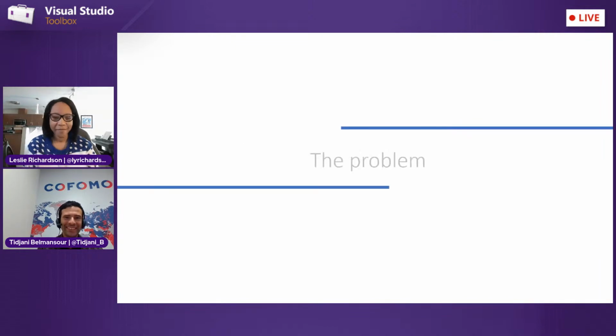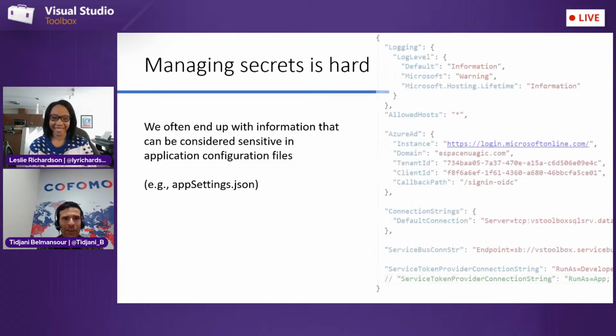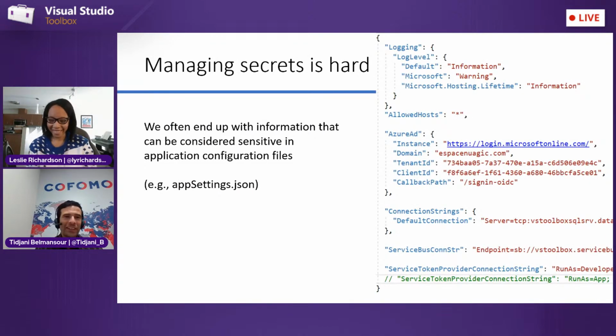Perfect. So first, let's state the problem. There is a common understanding around managing secrets. That is, managing secrets is hard. Yeah, I think we all have gone through this one day or another. Essentially, for convenience, we'll end up having some information in configuration files.